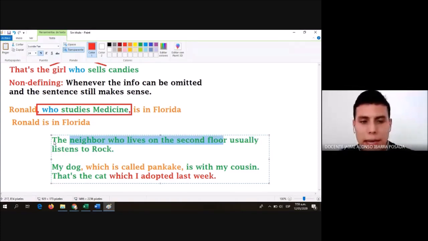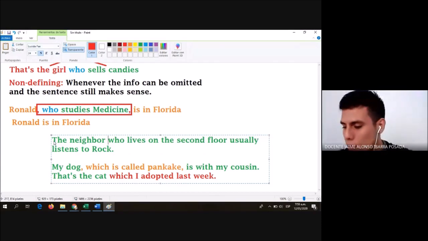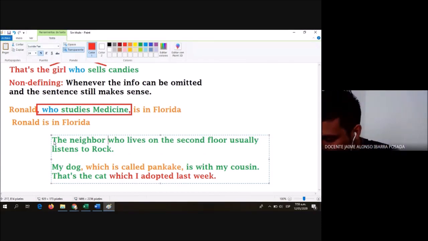Now, take a look at the following. Can we put commas here? Yes or no? What do you think? That person who is playing tennis at the court has a brother.